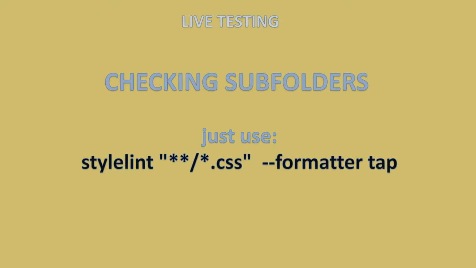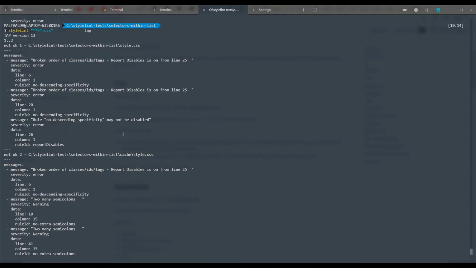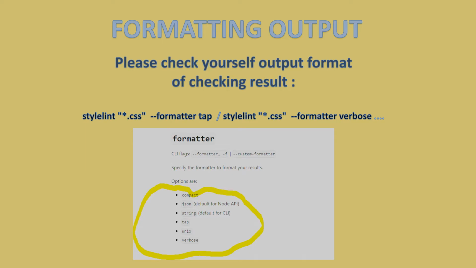Now how to check also subfolders. Keep in mind that you can also change a format of output that Stylelint produces.